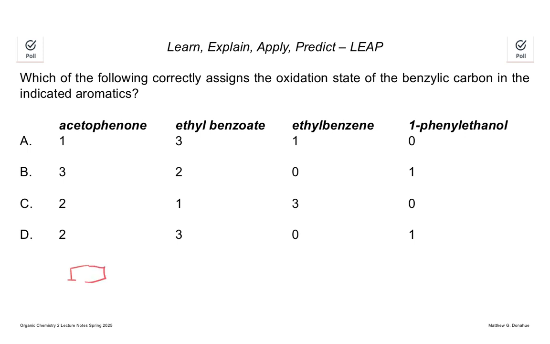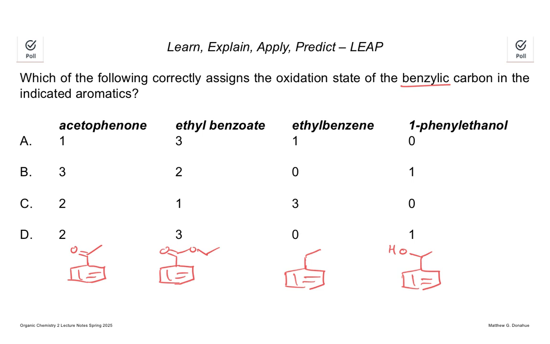So to redraw these real quick and to review again that concept of oxidation state. It's specifically asking you about the benzylic carbon. For oxidation state, we're just counting from the carbon to the number of heteroatoms. For acetophenone, that would be 2.